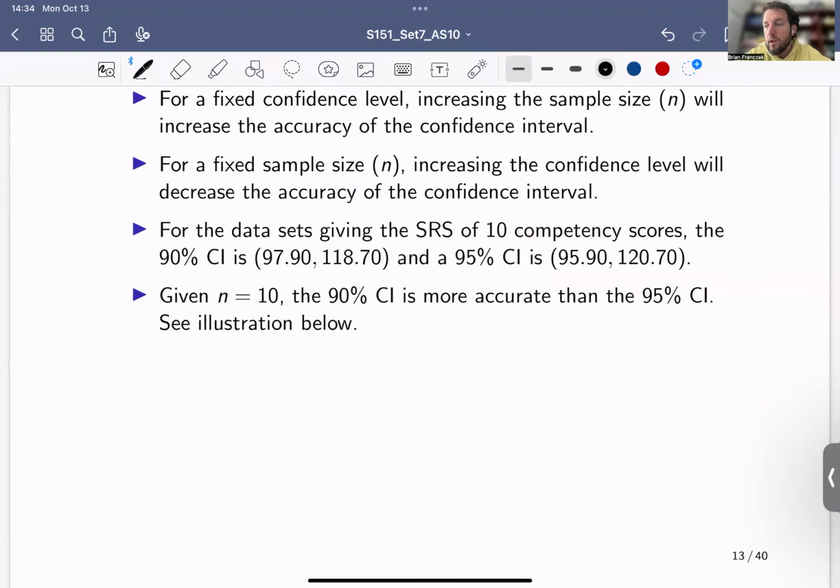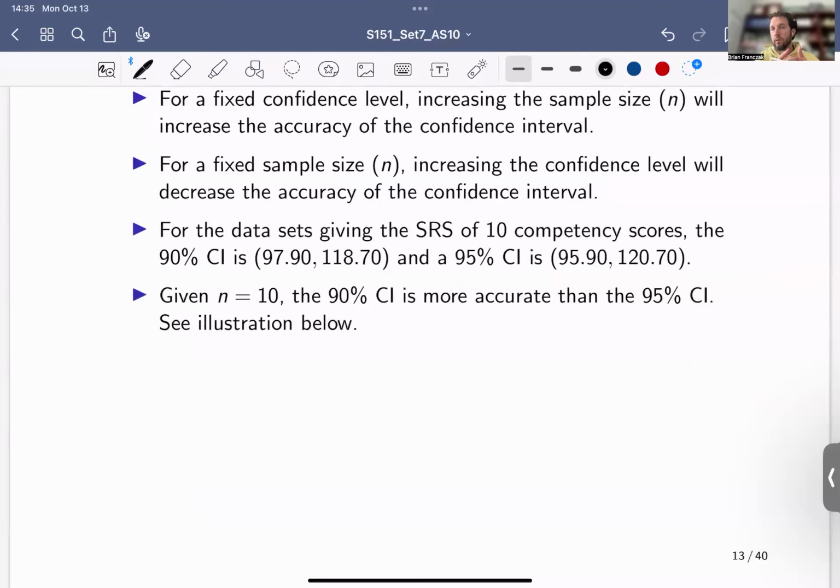This is basically saying we have a reduction in the error or in the margin of error associated with this confidence level. On the other hand, if we fix little n and we say, well, I'm just going to max out my confidence level, that's going to come at a decrease of accuracy, which is why we have this trade-off between confidence level and sample size.